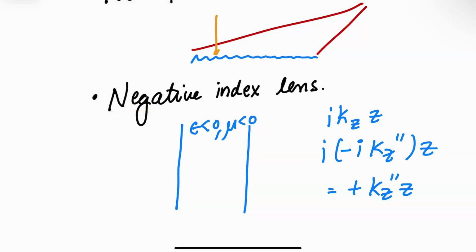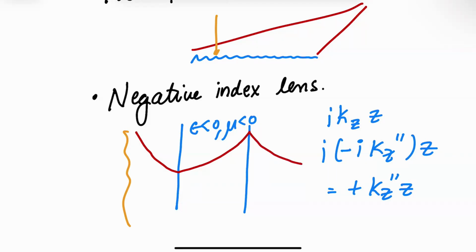So what happens? You have that evanescent wave, say this is your object, your evanescent wave was decaying, and then it starts to grow inside this lens. And then again decays as it propagates outside the lens. Right?